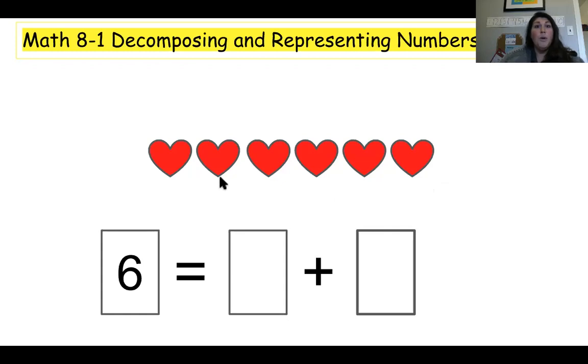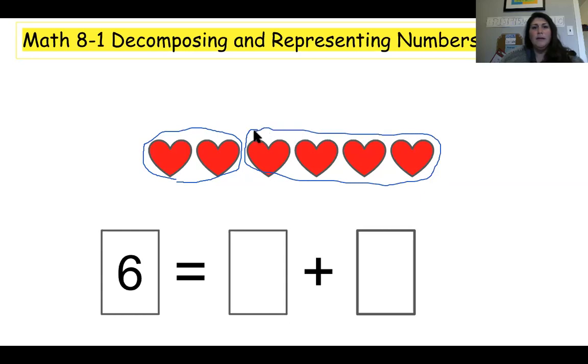All right, so I am going to show you what I'm doing. So here we go. I think the first box, I'm going to put that 2 in, and then the second box, I'm going to come around here. And I think I have 4 hearts in there. So 6 is my whole, and then that equals 2 plus 4.